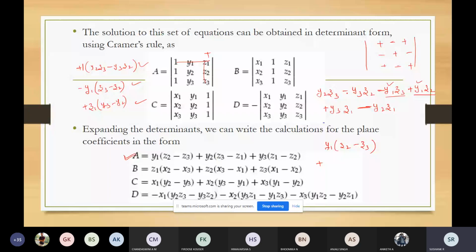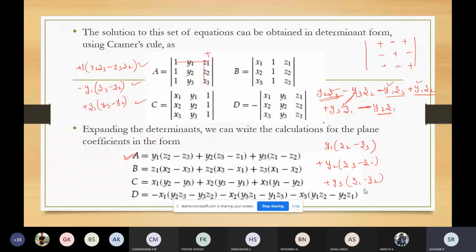One term is here and the second term here, so y2 into z3 minus z1. After that, the last term is y3, from these two terms: plus y3 into z1 minus z2. This is how the determinant is being expanded.